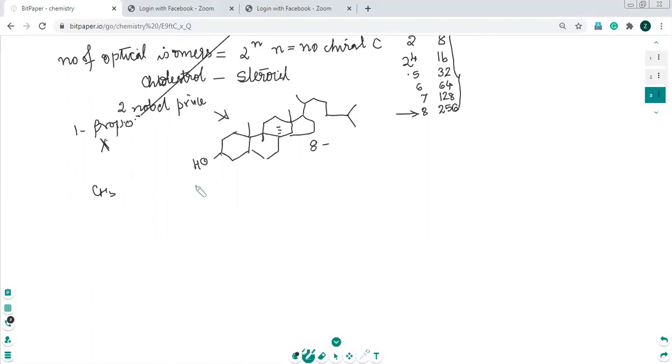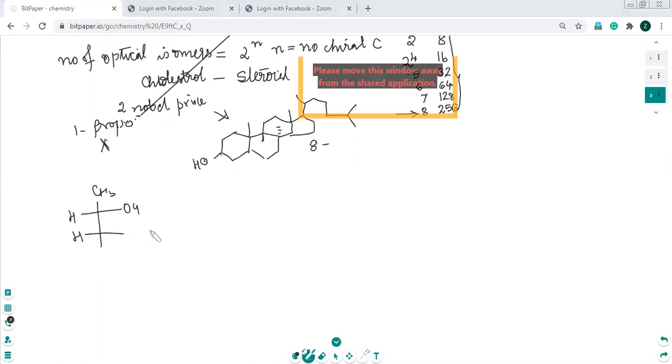I will put which structure we will take. CH3, H, OH, OH, and COOH.